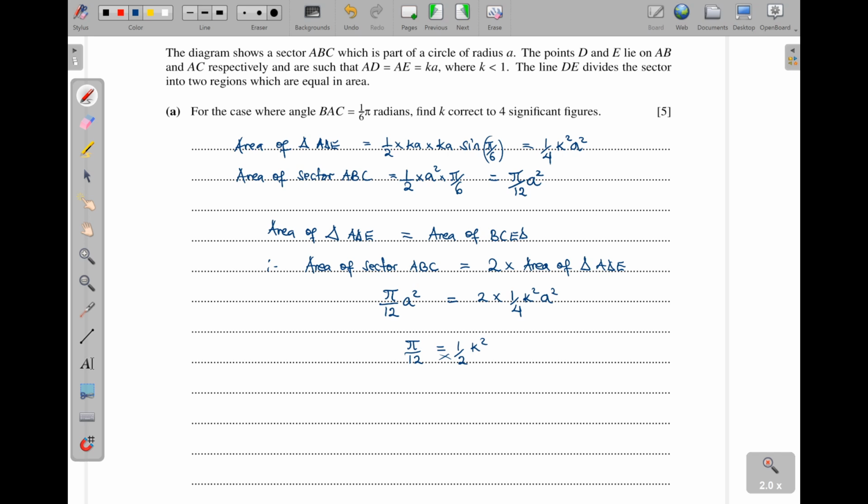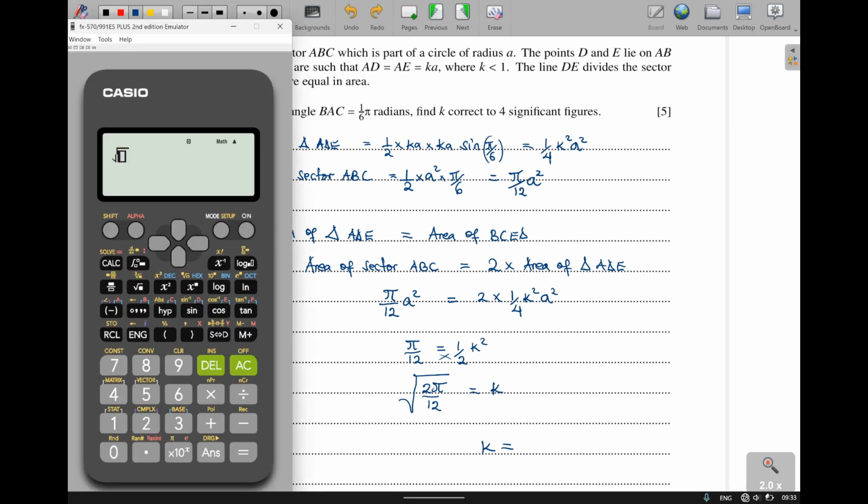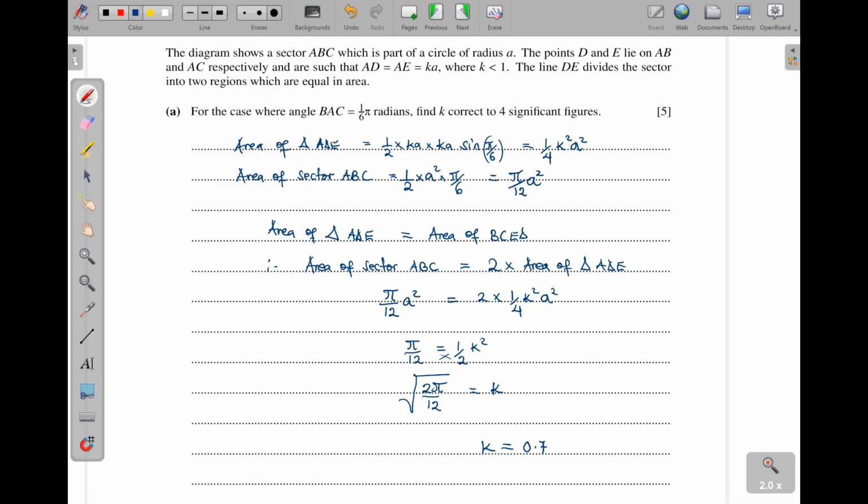So if I cross multiply here, we shall then have 2 pi over 12, then under the square root will give us K. So what will be K to 4 significant figures? Square root of 2 pi over 12. This one will give us 0.7236, and the rest of those figures, but to 4 significant figures, I'll write 0.7236.